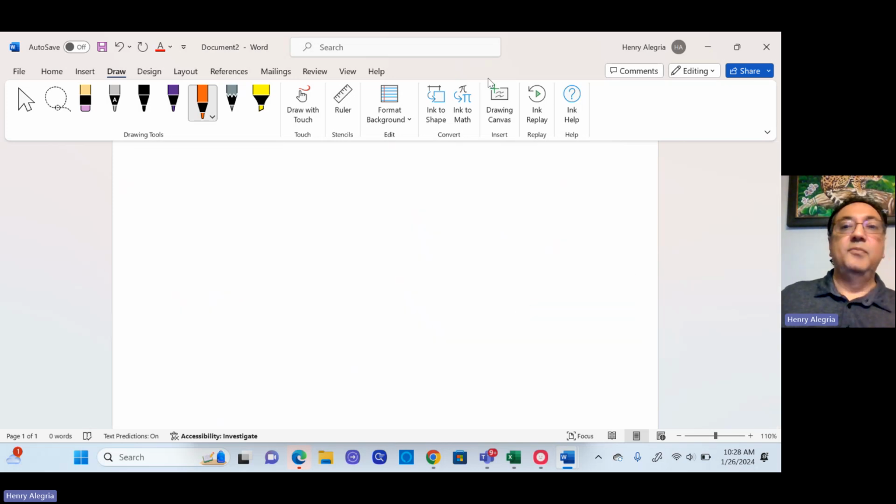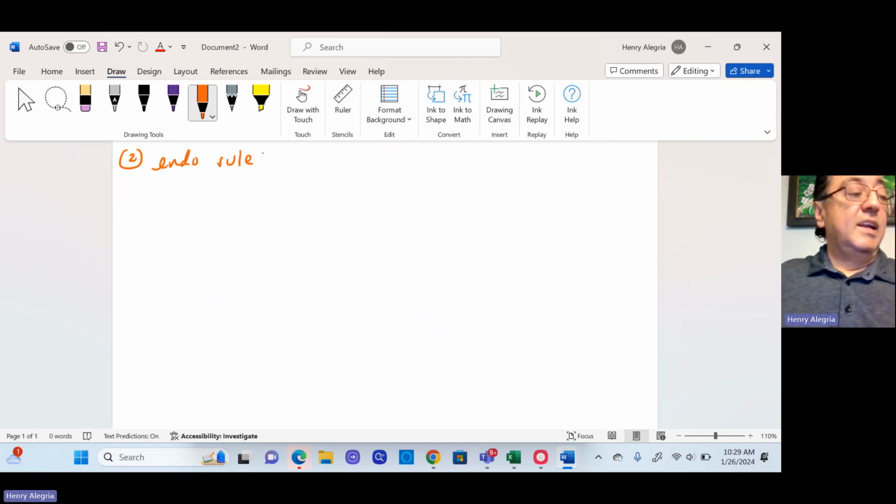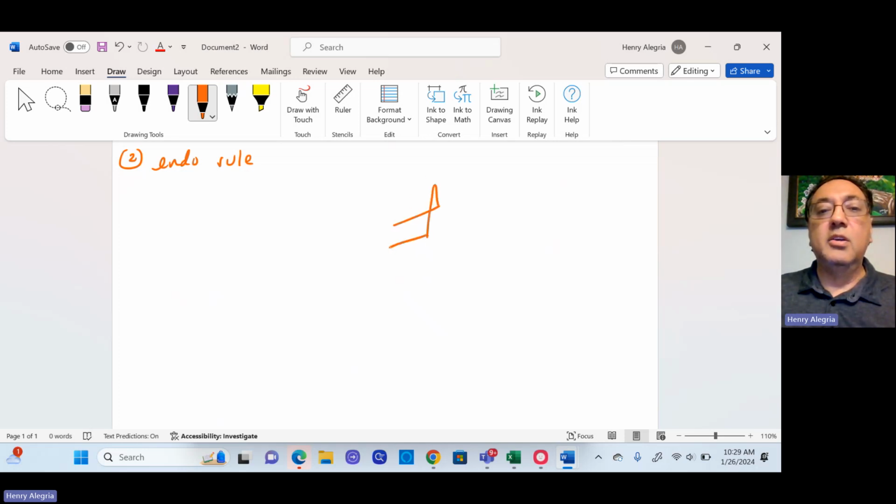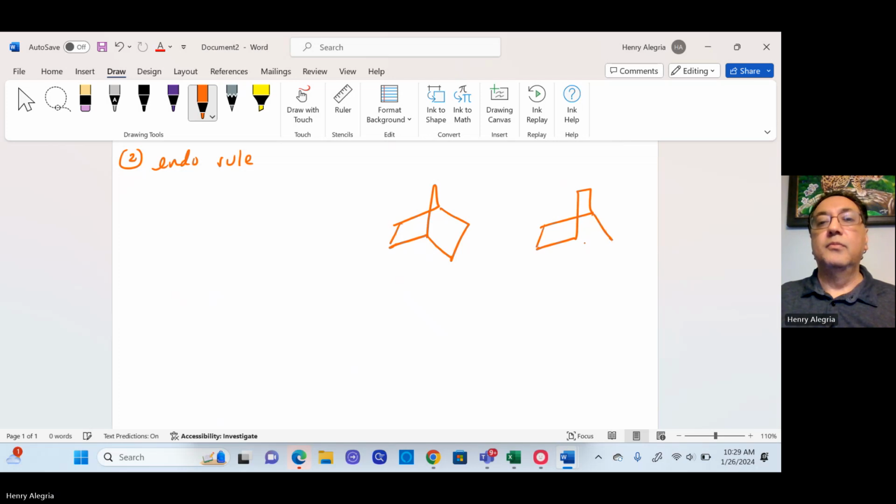The second thing under stereochemistry is what we call the endo rule. Now, to discuss the endo rule, I have to first remind you of bicyclic structures. Remember in Orgo 1, we looked at a structure like this, and we said that this structure is bicyclic. Or maybe one like this, we said bicyclic.